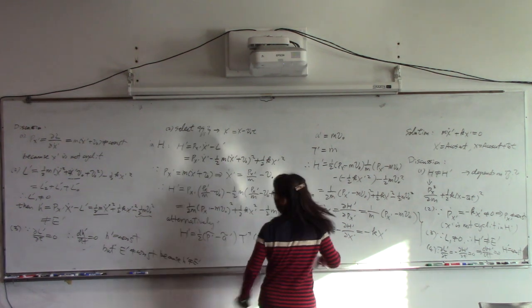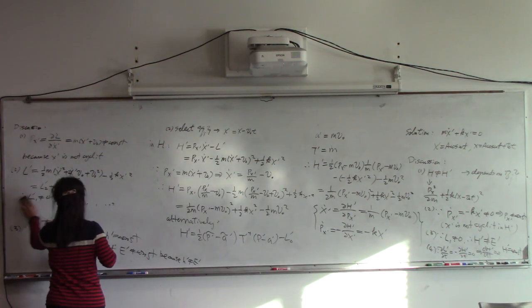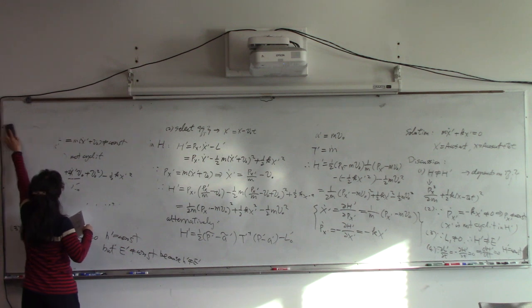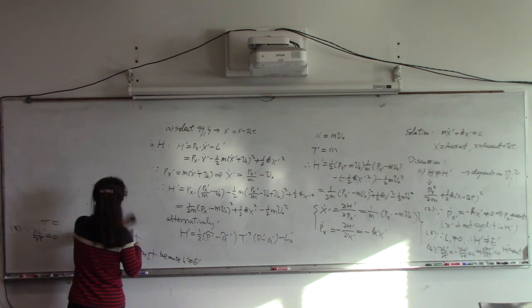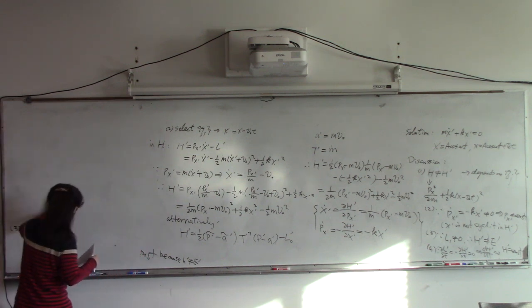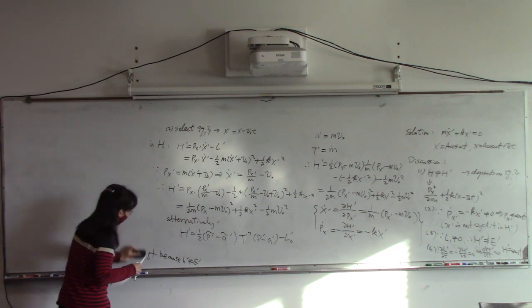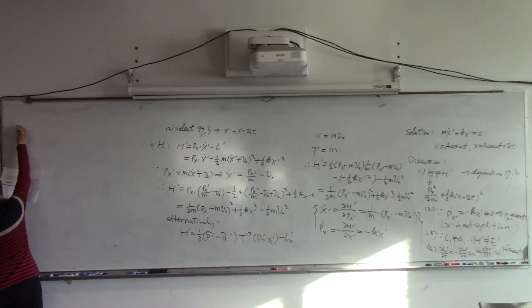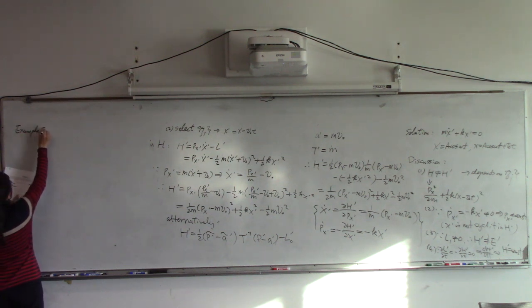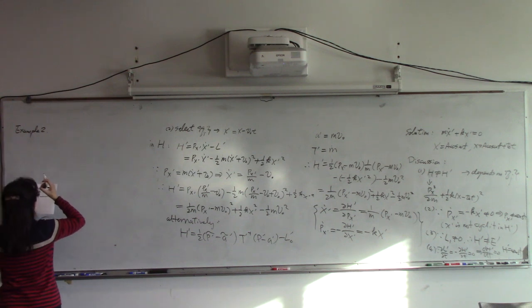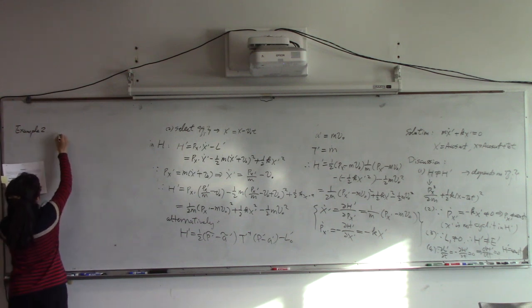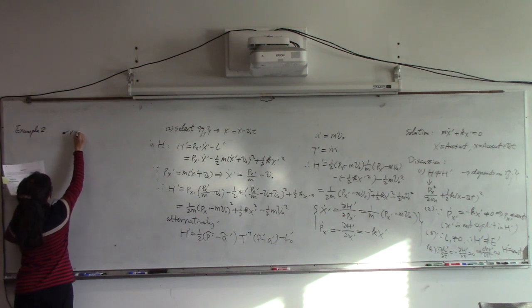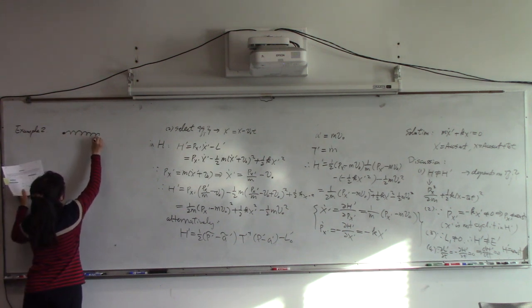All right, so now let's do another example, just to give you more experience dealing with systems when we apply the Hamilton formulation of mechanics. In this case, let's say we have two masses connected with a spring here.